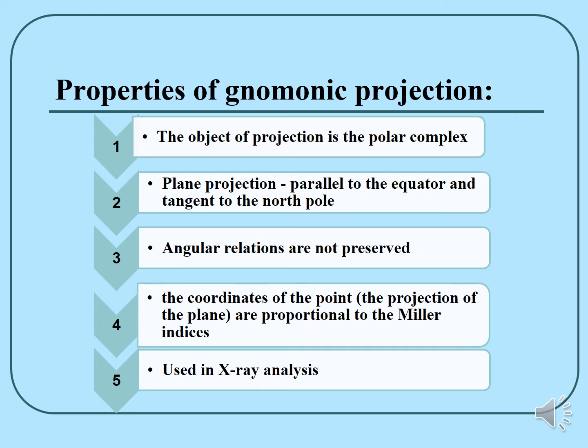Pay attention to the third property: angular relations are not preserved. Of course, it is very important, and at the same time, it is very strange, because the main law of crystallography is Steno's law, the law about the constant angles between the faces in the same substances.